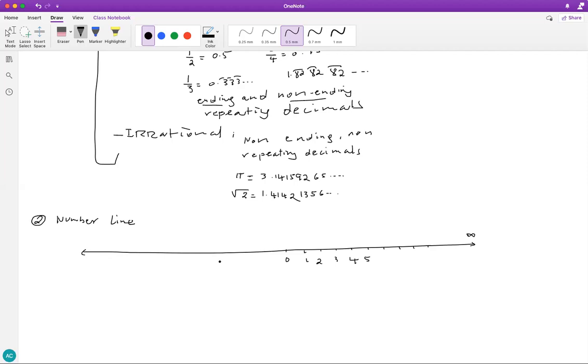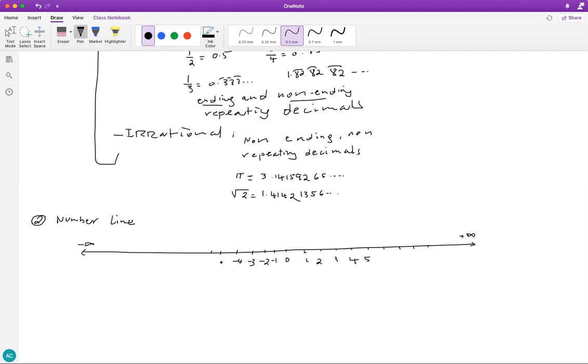On the other side, we have numbers that are negative. So the numbers get smaller and smaller as we go to the left: -1, -2, -3, and so on, all the way to -infinity. This is the smallest possible number, and this is basically the highest. This is positive infinity. The other side is negative infinity.